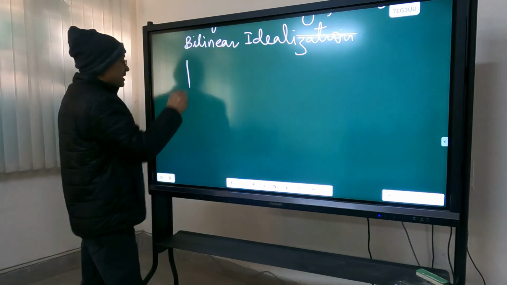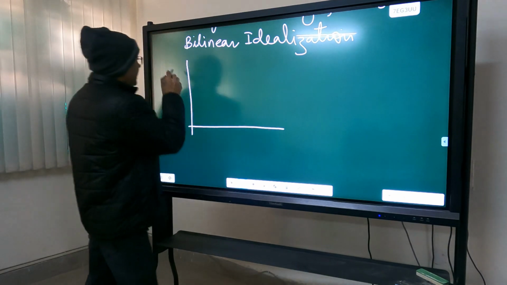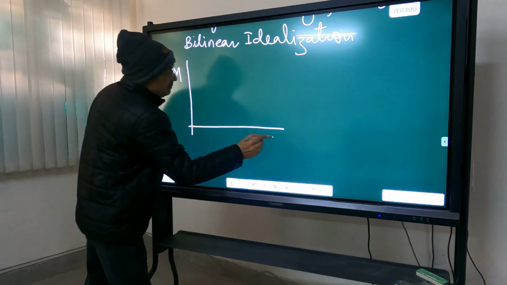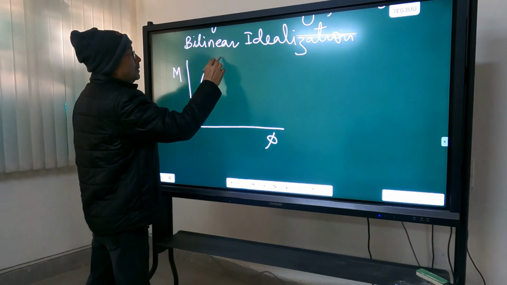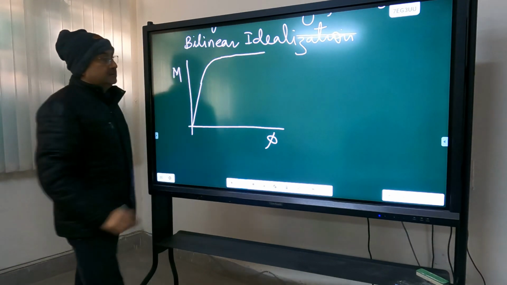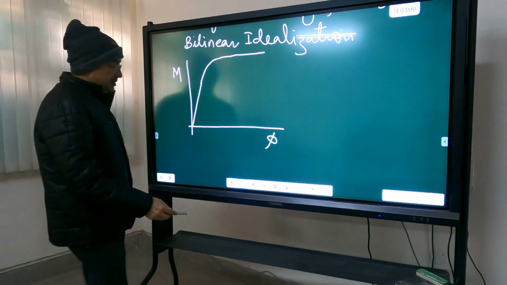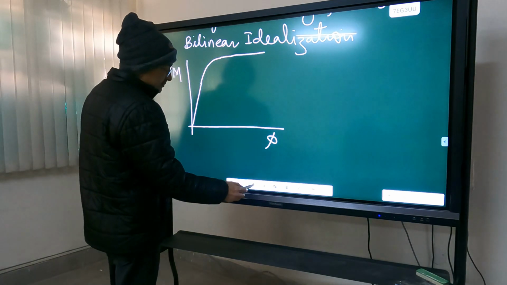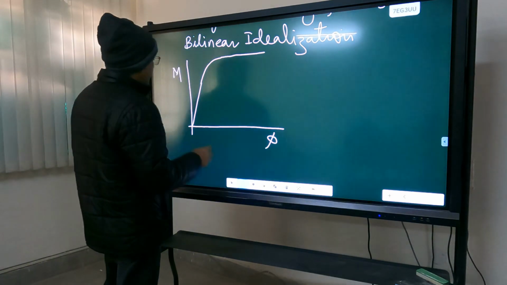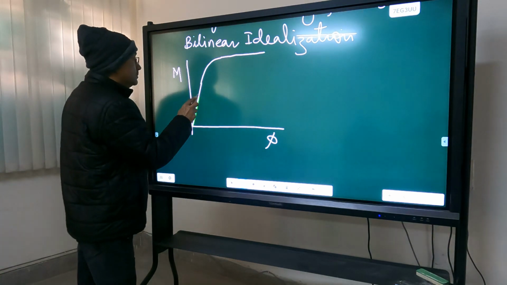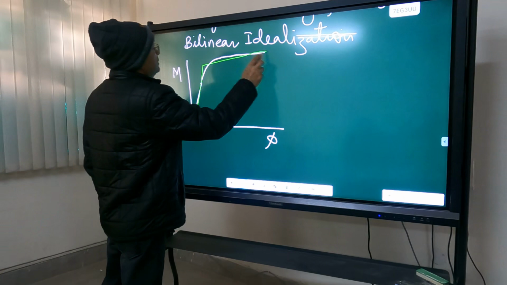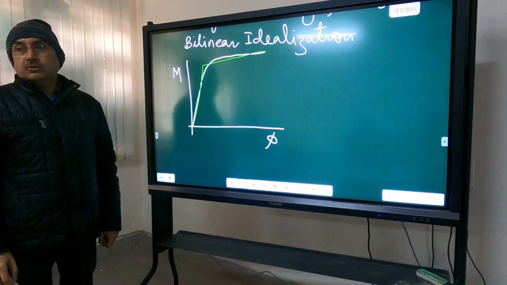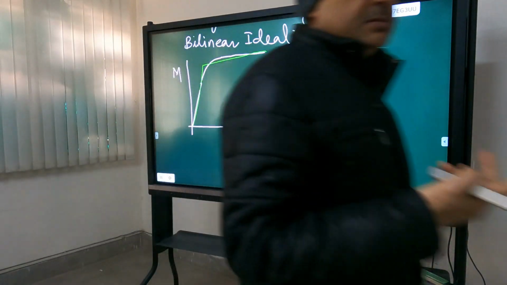So in bilinear idealization, the actual M-phi curve which we have obtained just now, it is like this. We will represent it by an equivalent bilinear curve. Bilinear means two lines. So there will be one initial line and another one will be this line.